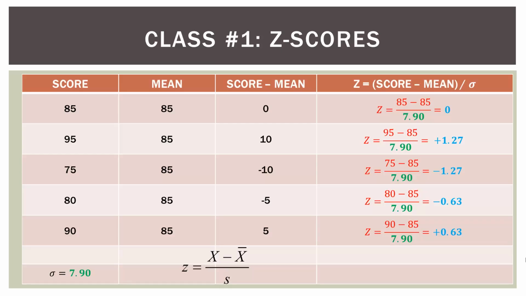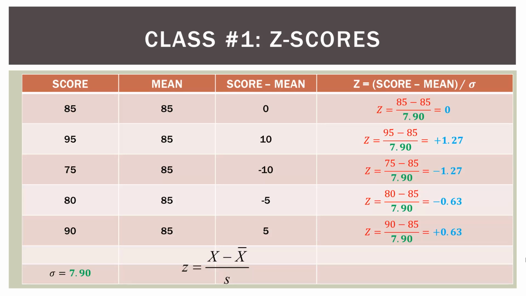Now the next thing we have to do is divide that difference by the standard deviation. So if you look in the top right for the first row of scores, you can see that I went ahead and put the entire formula in there, each part of it, so you can see where it's coming from. So z equals 85 minus 85, and of course that's our score minus our mean, and that's 0 divided by 7.9.